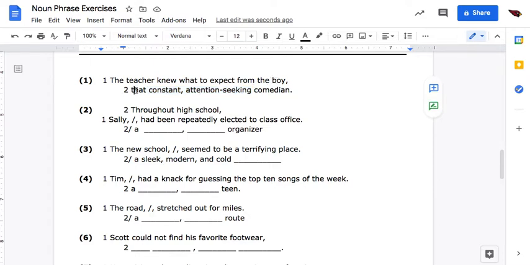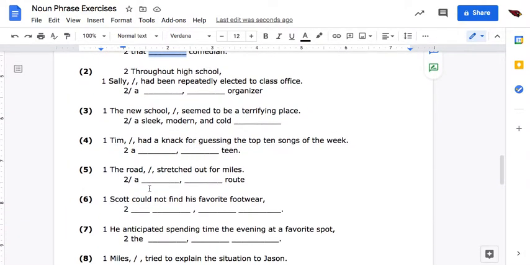We've got a noun determiner, that. That's on our list of noun determiners. We've got two modifiers right here, and then the boy's a comedian. We are renaming the boy with this noun phrase that ends with comedian because apparently he is a comedian. So the blanks, do the best you can.